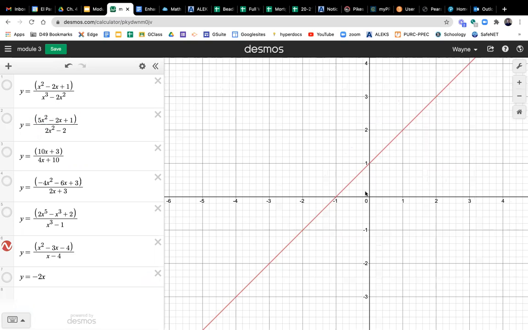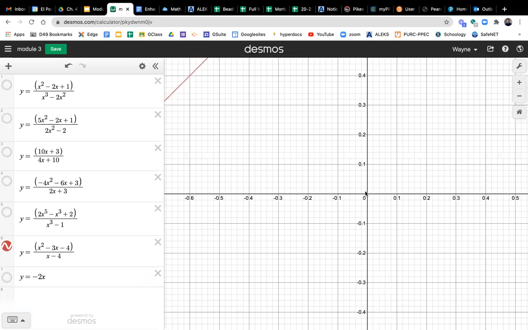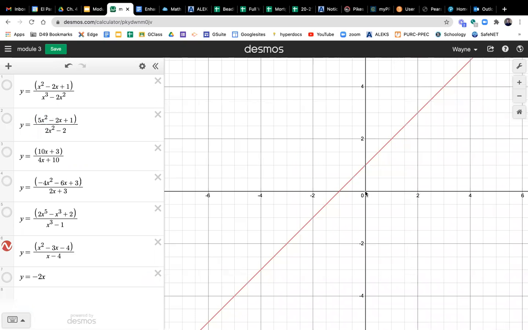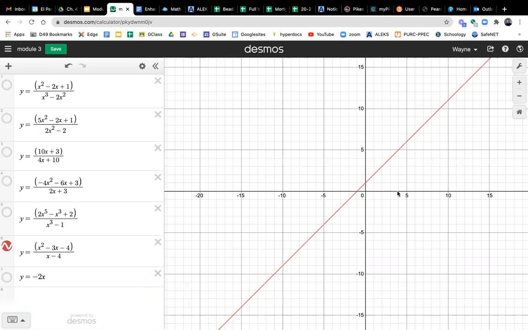And you're like, oh, that's just a straight line. Well, if we go over to 4, whoa. So let's go over to 4 and go up to the line and click on this. Notice that as I bounce across, when I get exactly at 4, it says it's undefined. And that's the reason it's not defined there.